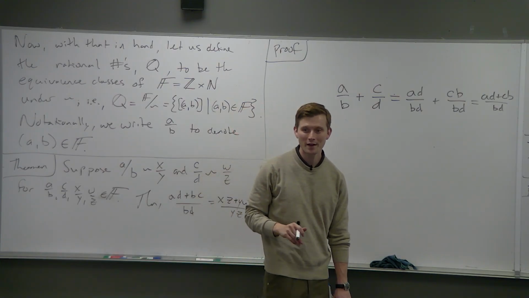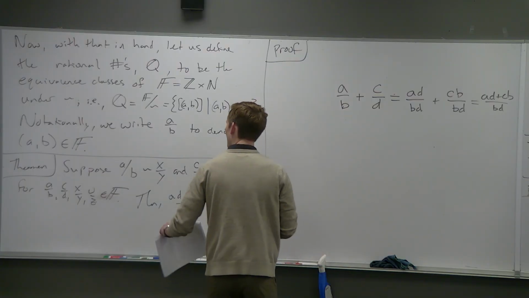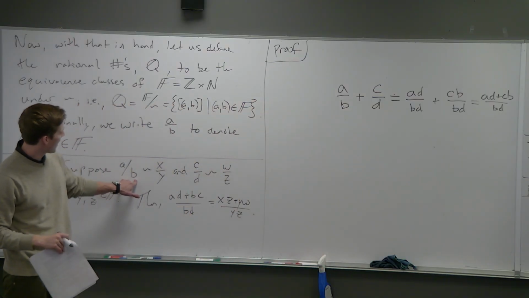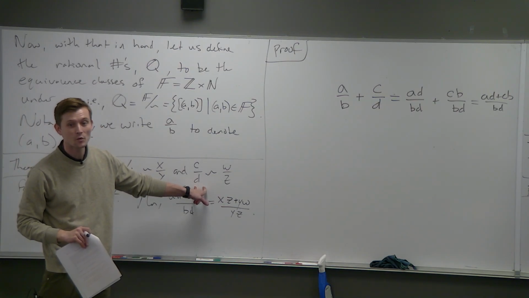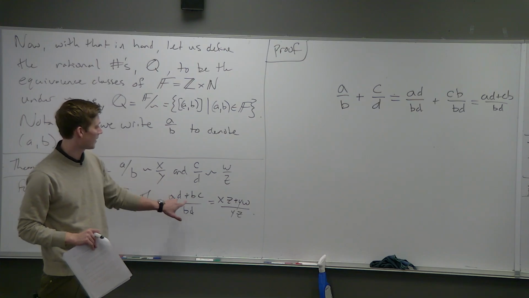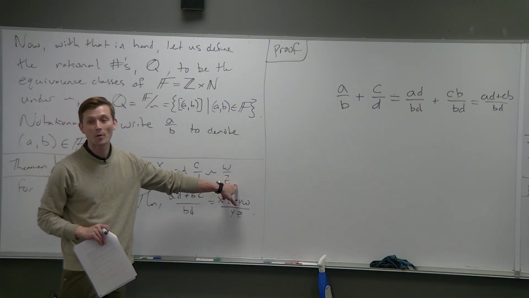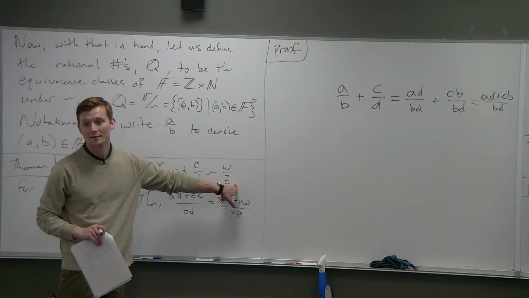Okay, here's effectively what we're saying. If we add A over B and C over D, do we get back the same thing as if we add X over Y and W over Z when they belong to the same equivalence class?